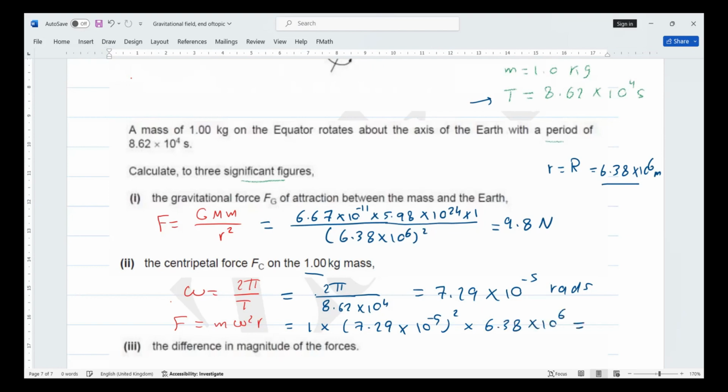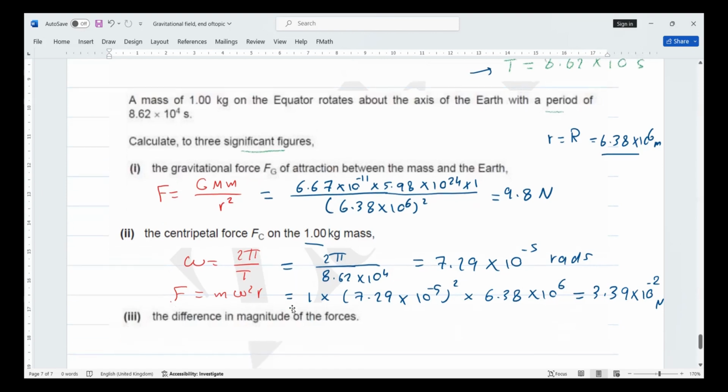The answer is 3.39 multiply 10 to the power negative 2 Newton. Let me check this answer. Bracket 7.29 multiply 10 to the power negative 5, close the bracket squared, multiply 6.38 multiply by 10 to the power of 6. Yes, it is 3.39 times 10 power negative 2.